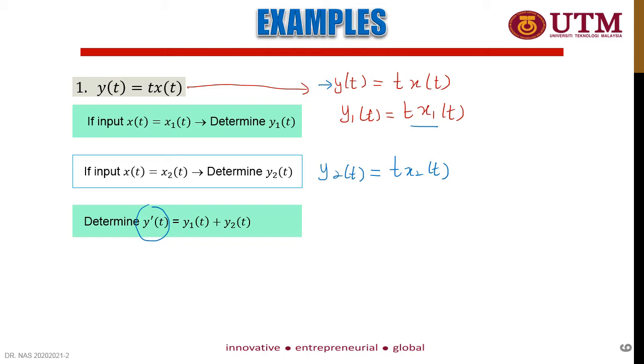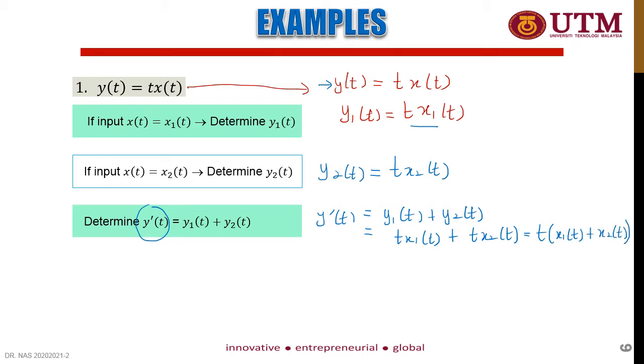It's t x1(t). So y'(t) equals y1(t) plus y2(t), which is equal to t x1(t) plus t x2(t). This can be simplified to t times x1(t) plus x2(t). This is your y'(t).